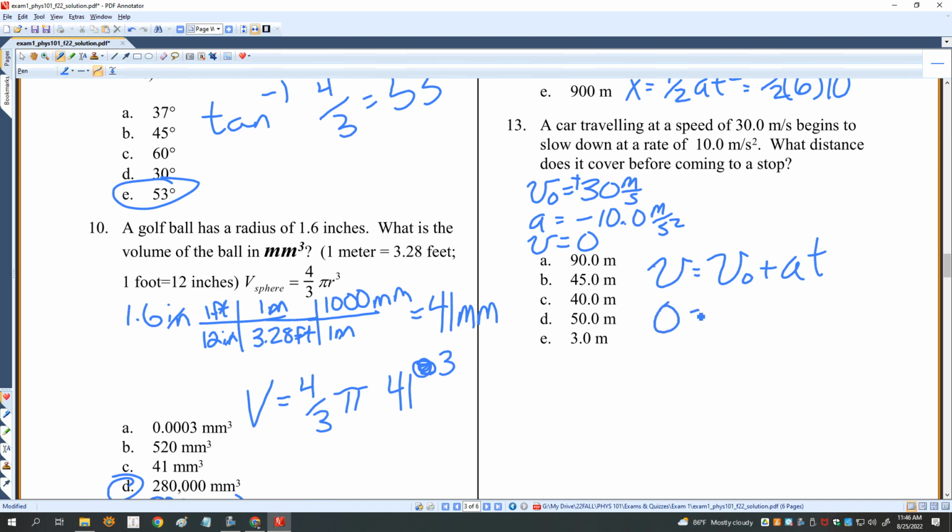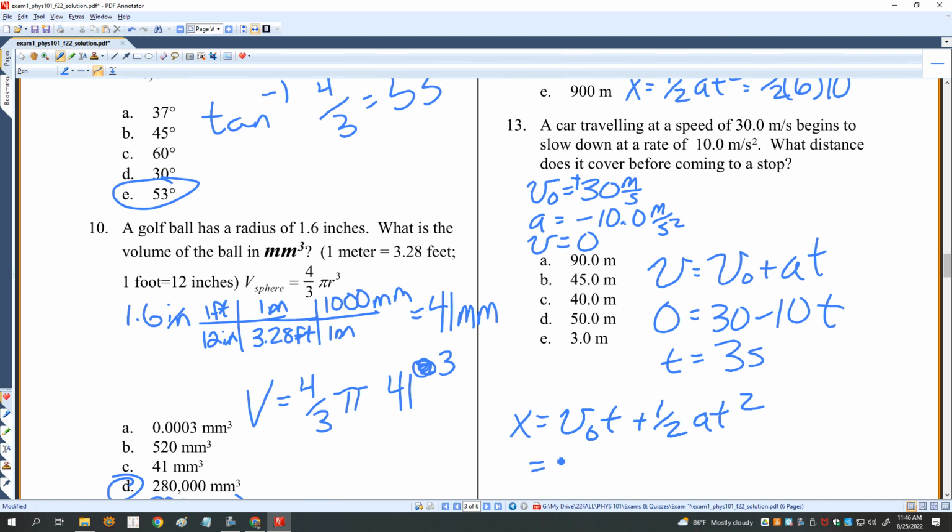That's going to be 0 equals 30 minus 10 times t. So t is equal to 3 seconds. And then to find x, I say that it's equal to v naught t plus 1/2 a t squared. That's going to be 30 times 3 plus 1/2 of negative 10 times 3 squared, and that works out to be 45 meters.